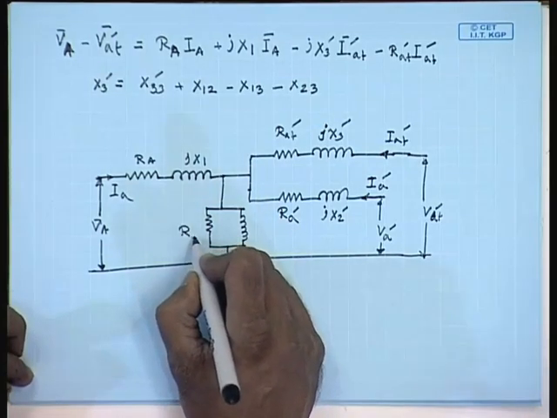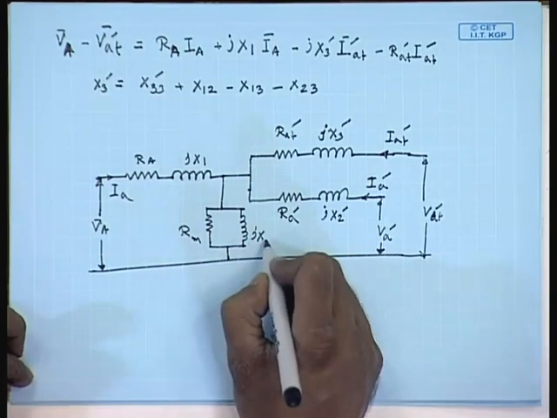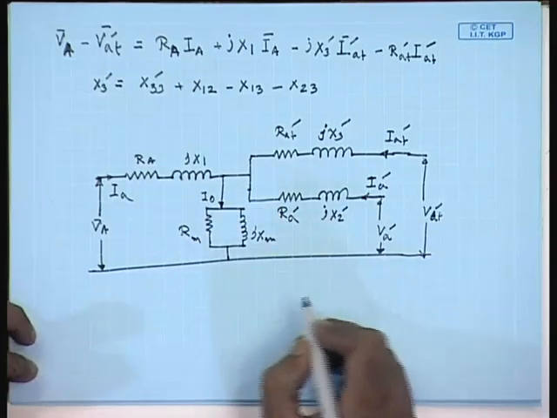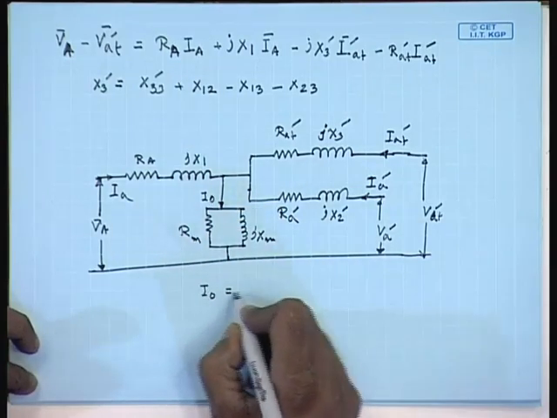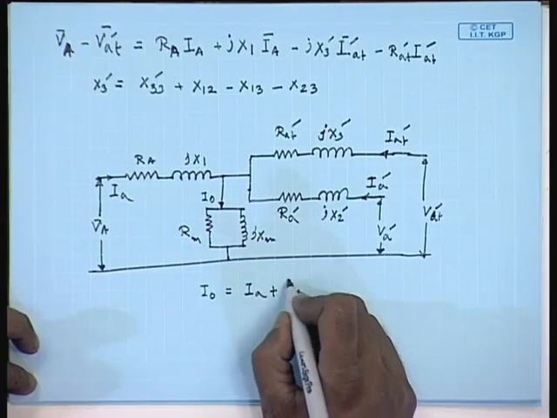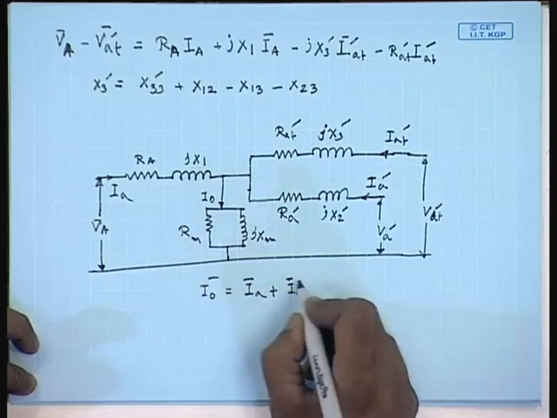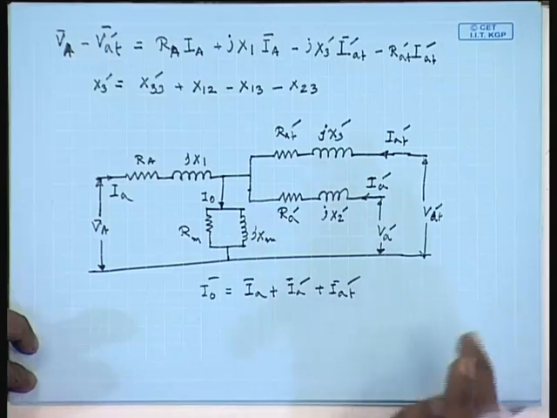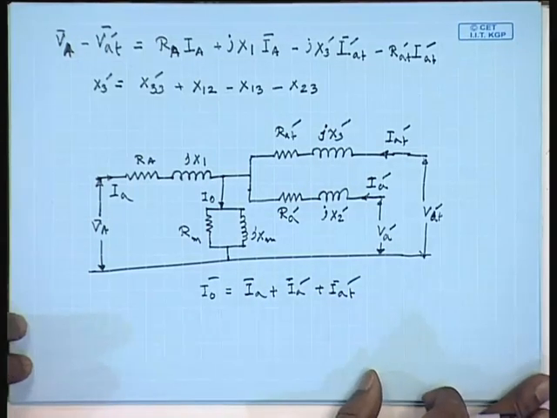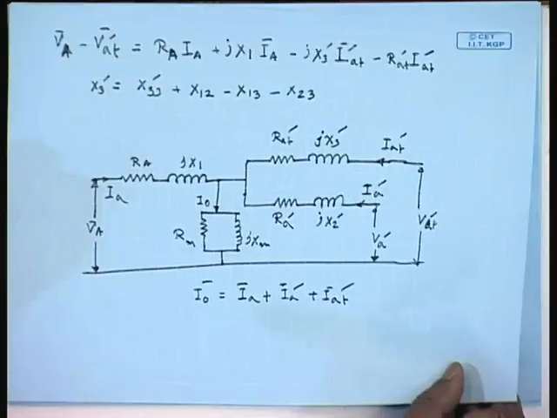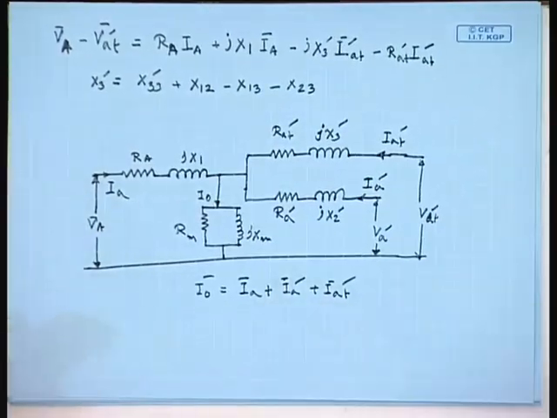This is R m, this is j x m, and this is I 0, where I0 equal to I A plus I A dash plus I A T dash. So, this is the equivalent circuit of a 3 winding transformer.